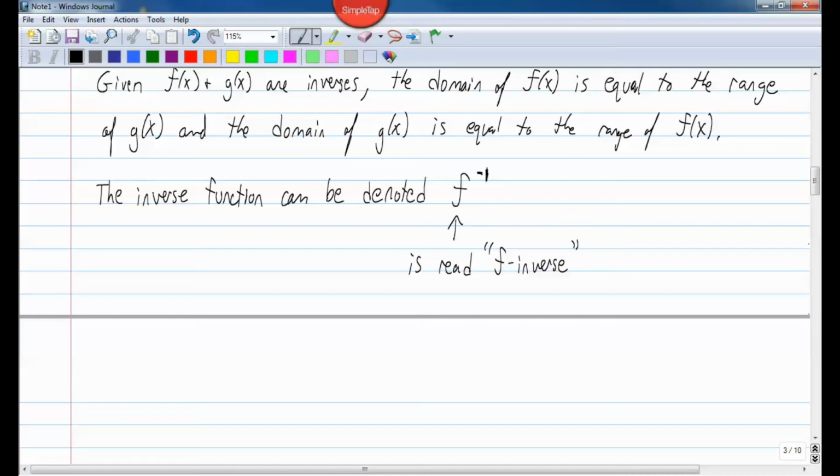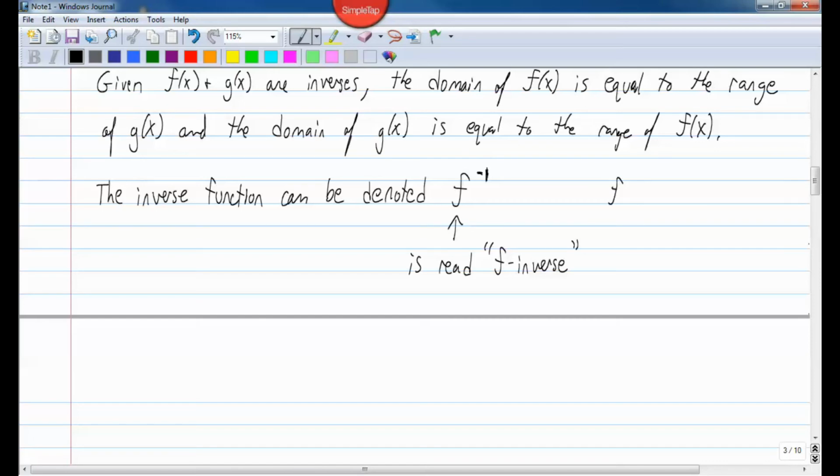That's not F to the negative 1. The negative 1 here is not actually a negative 1. I mean, it is a negative 1, but it's not an exponent like you would think whenever you see a number up here. Just one of those little quirky, weird things.